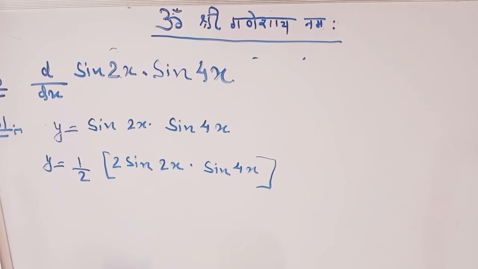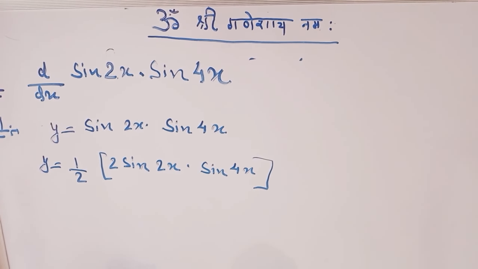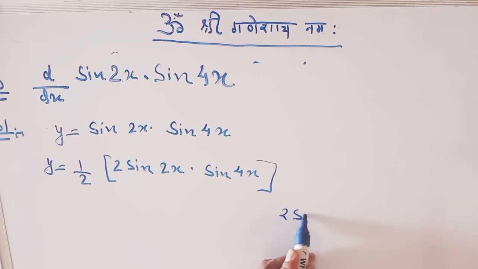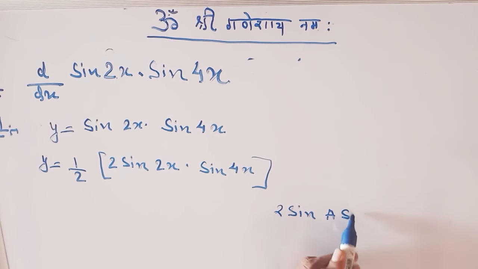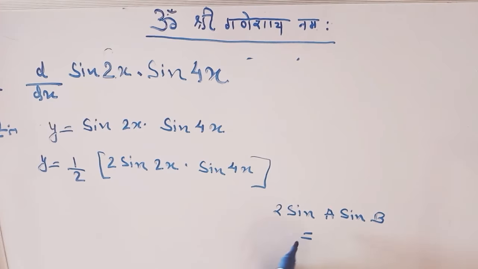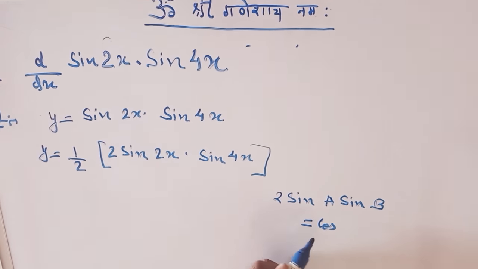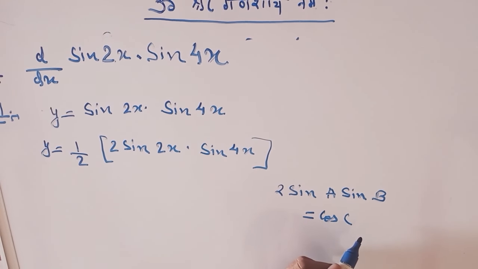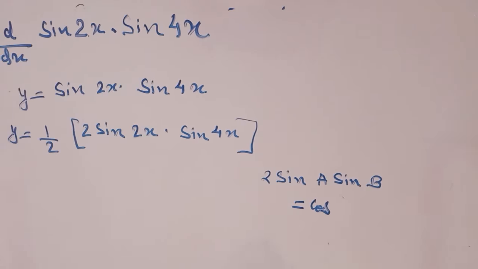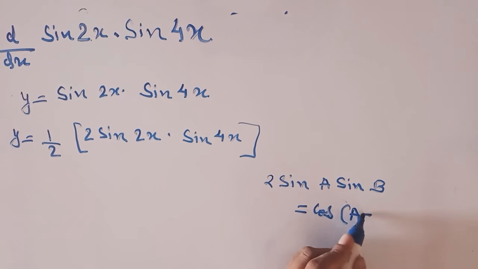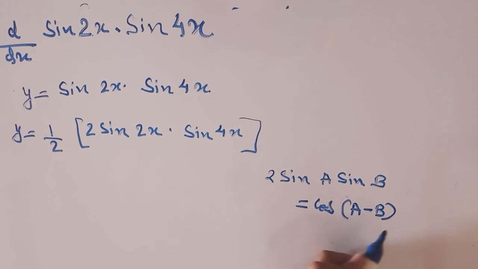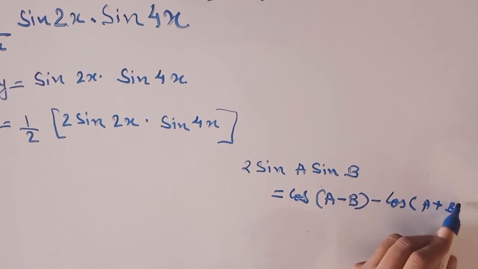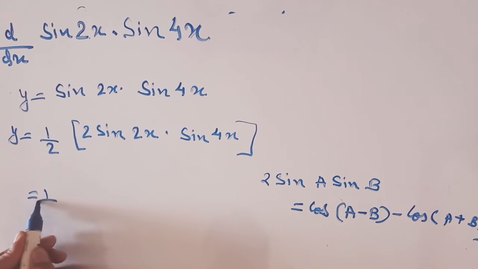So for the trigonometrical identity, you have to do it. Here I am taking 2 sin A sin B is equal to cos of A minus B minus cos of A plus B. So here I am taking 1 upon 2.